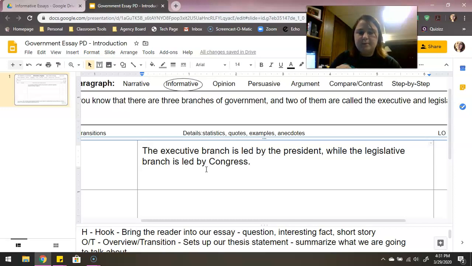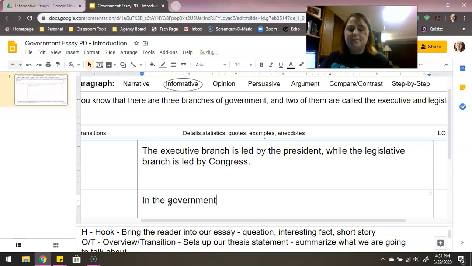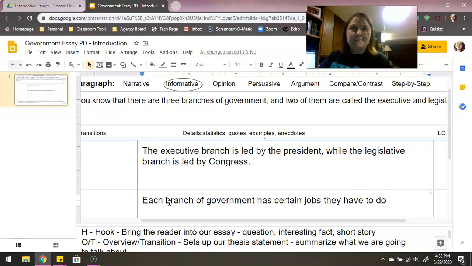I probably also should include something about checks and balances, about what checks and balances are. I could say, in the government, let's not do that. Let's say each branch of government has certain jobs they have to do to help the government run.